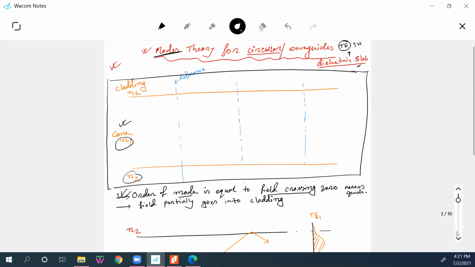For example, this is our core and cladding, this is the boundary of the core and cladding, and this is our reference. Now let's see what the transverse electrical zero field looks like. It will look like this.